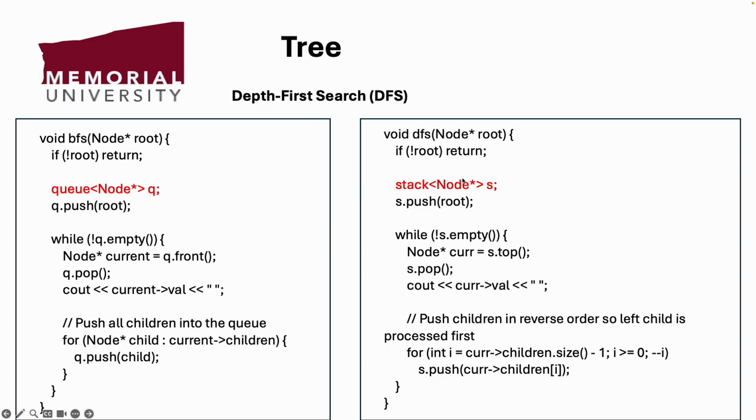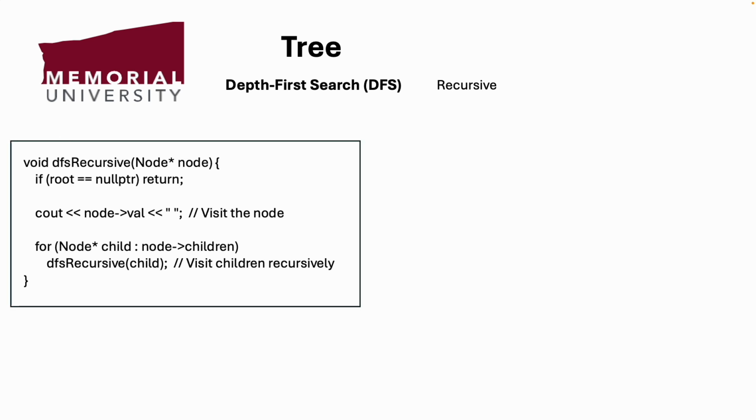But the key thing is that breadth first search and depth first search literally just use two different kinds of data structure: one is a queue, one is a stack. As we know, for depth first search we are leveraging pre-order traversal, which we can also implement recursively.